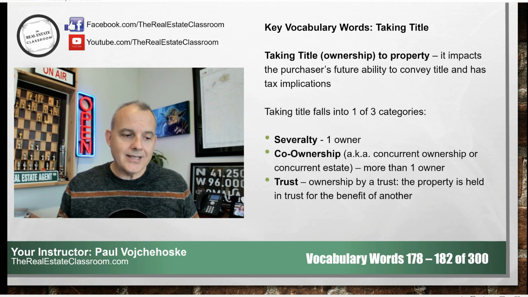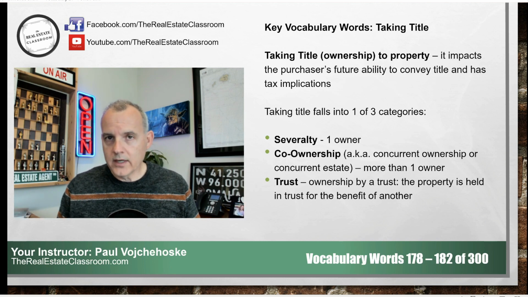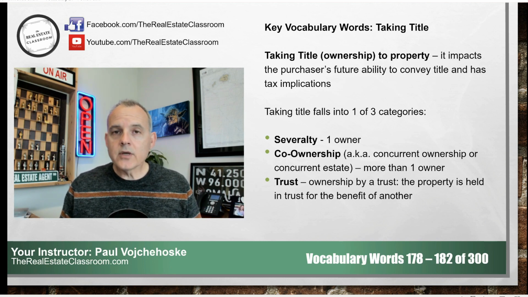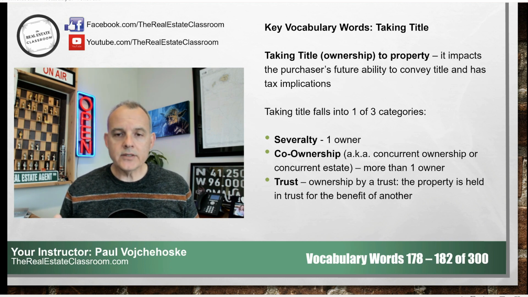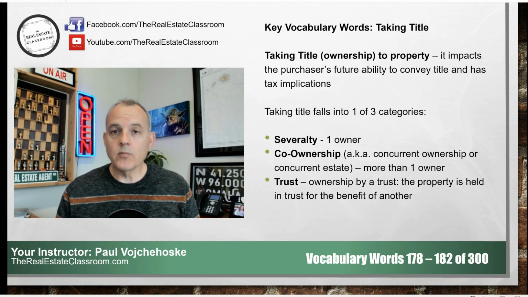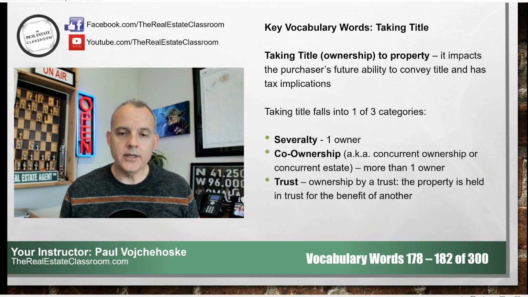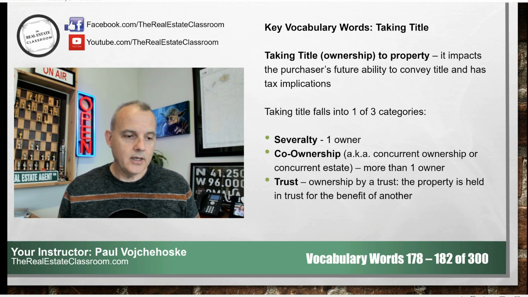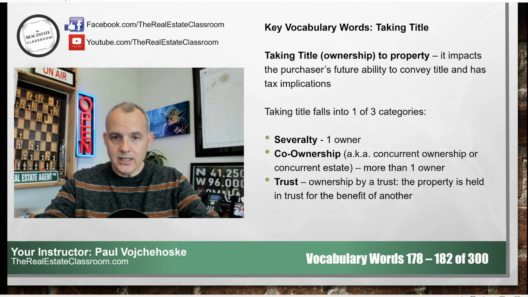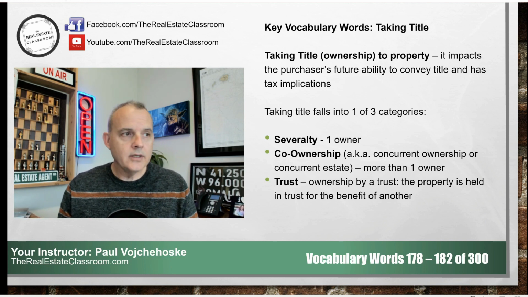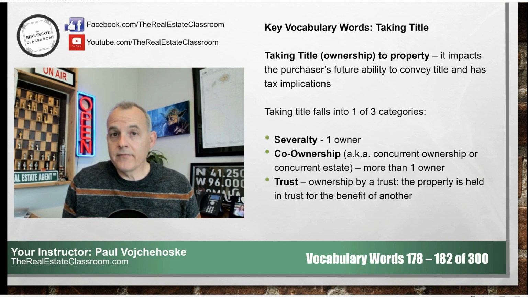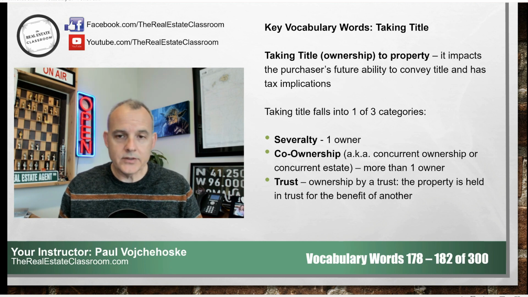Now, understand that taking and holding title falls into one of three categories. We're going to talk about two of the three. The first one is severalty. This is where someone, a single person, owns the property. Number two is co-ownership. Maybe I'm taking title from you and I'm going to hold it in a certain way where it benefits me and my spouse or me and my business partner.